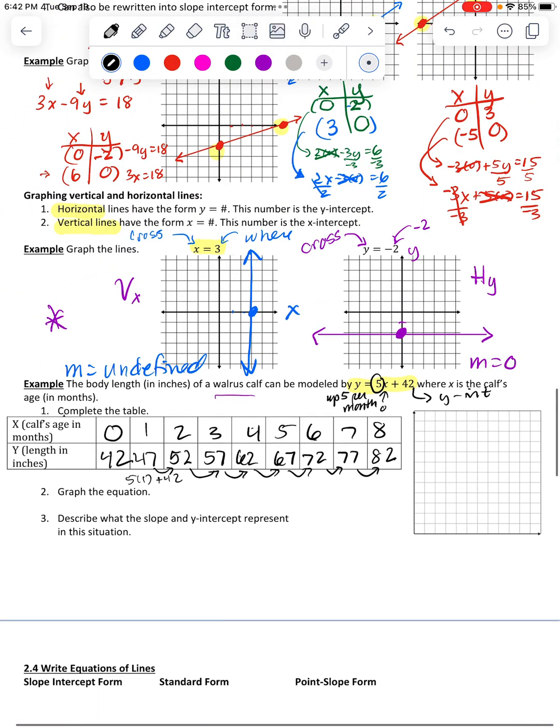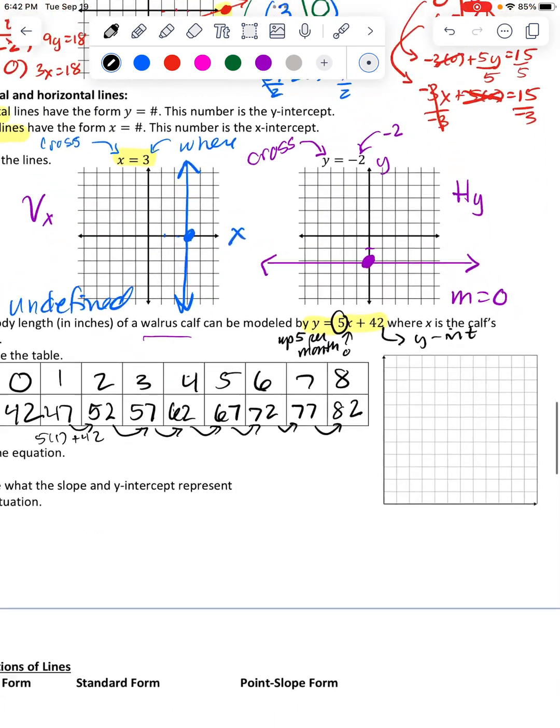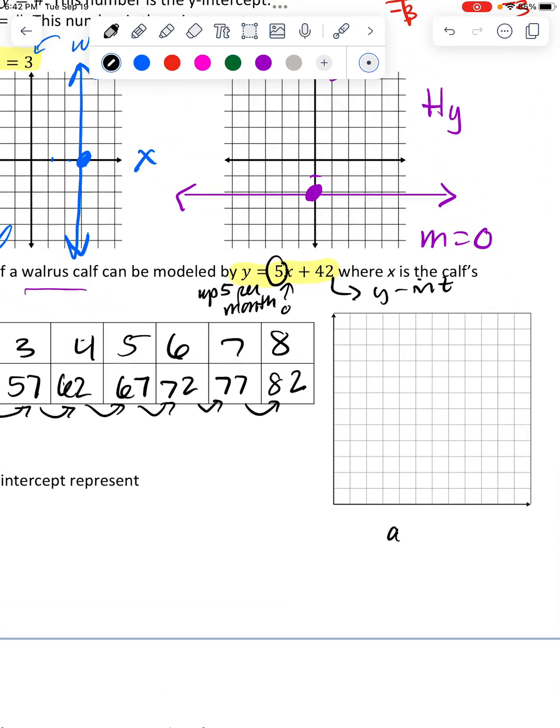Graph the equation. Okay, well that sounds dreadful. So the x is going to be age in months. Sorry, am I making you sick? So this is age in months. And I have to get to 8. So probably just count every one. So this will be 0, 1, 2, 3, 4, 5, 6, 7, 8. I'm good with that. And I only have data till 8.